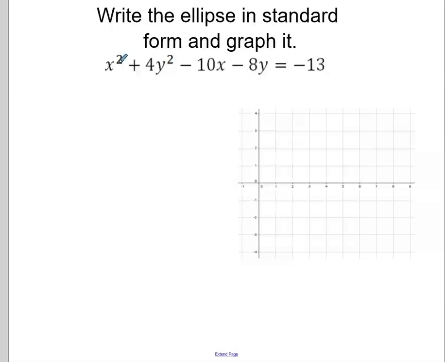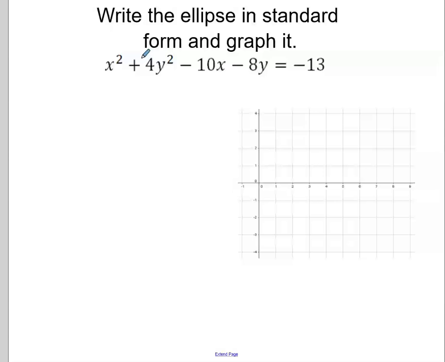So then the distinction between the ellipse and the circle is you'll notice that the coefficient of the x squared and the coefficient of the y squared are different. And if that's the case, then it's going to be an ellipse instead of a circle. And as we go through the process of getting this in the standard form, you'll be able to see why that creates an ellipse instead of a circle.